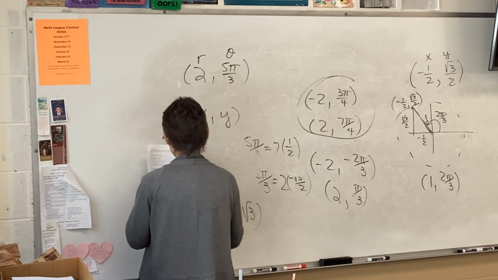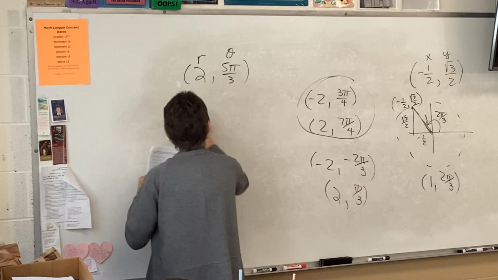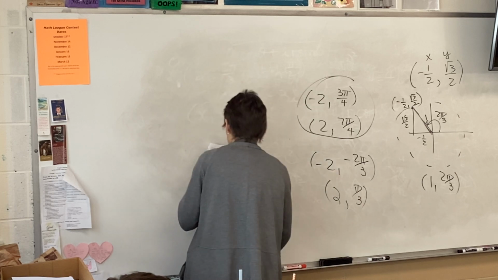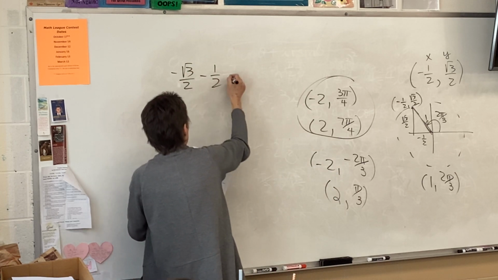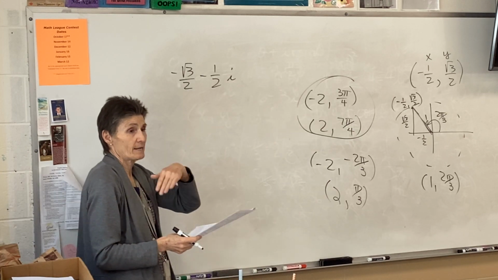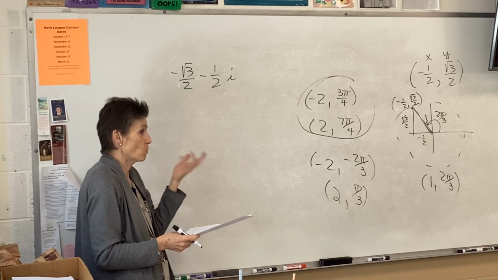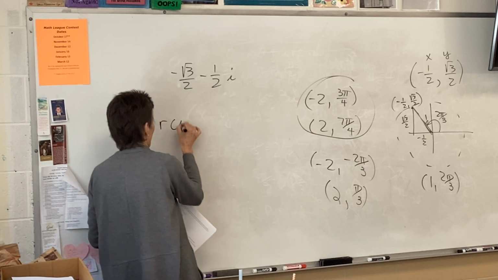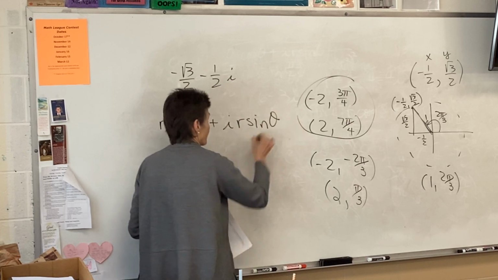Which of the following is one way to express the complex number using its polar coordinates? So in other words, the actual number is this, x plus yi. And we're going to change that into its polar form, which is r cosine plus i r sine.